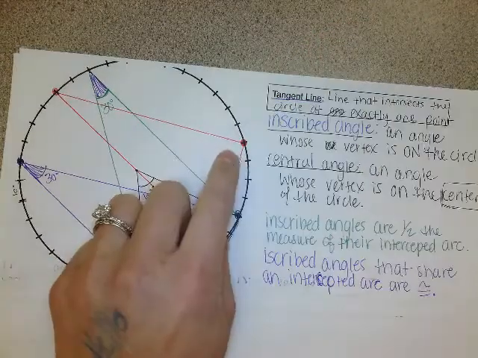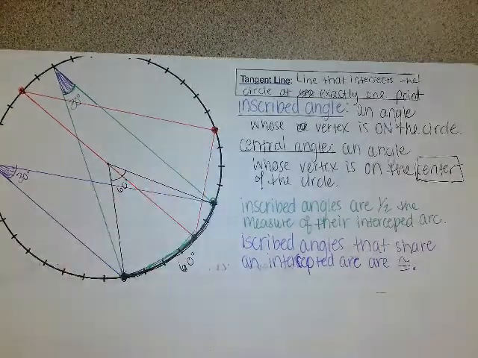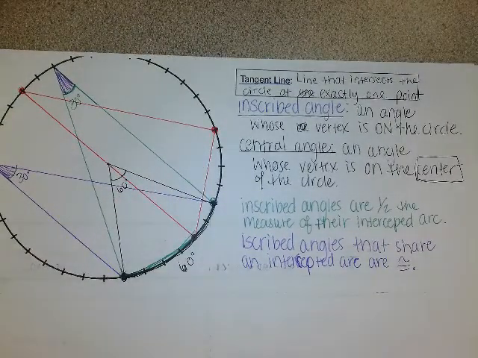All right, I want you to measure that angle. So go ahead and measure that angle. All right, so did you create a dot somewhere? I'll do it right here.